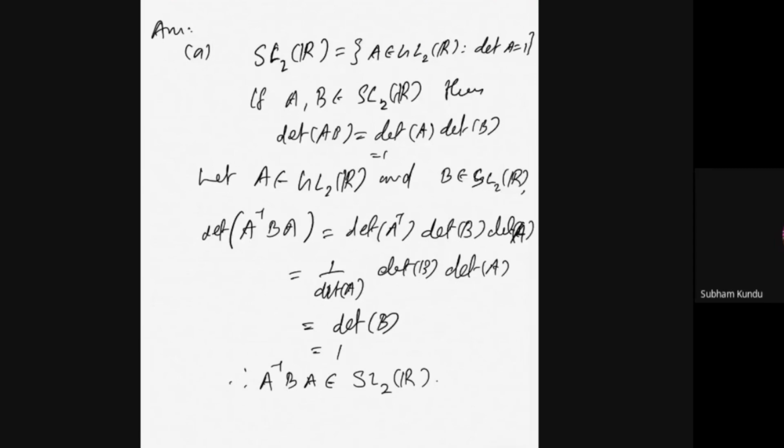Yeah, if you want I can give you another proof. I hope you are familiar that the kernel of a group homomorphism is a normal subgroup. So we define a group homomorphism phi from GL2R to R star, R minus 0 with multiplication.